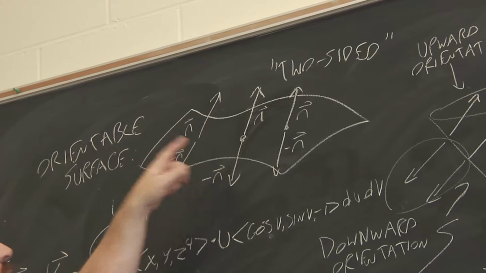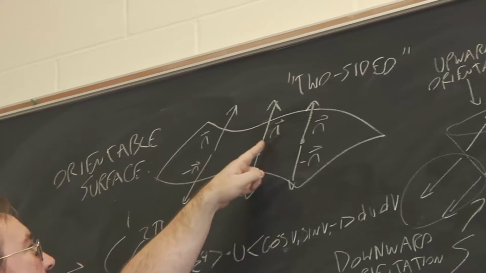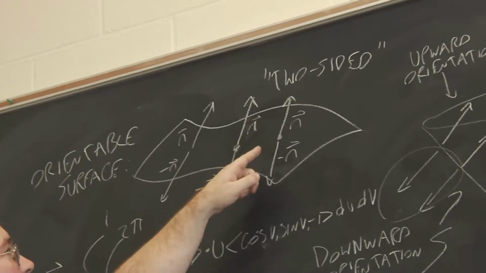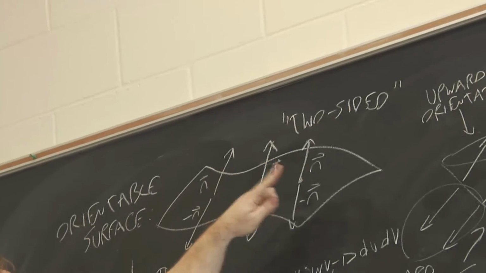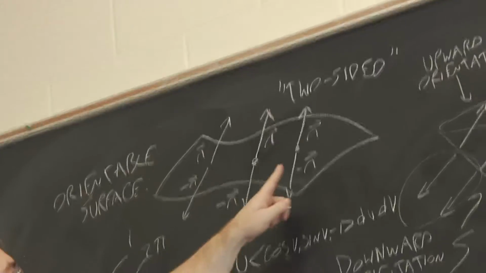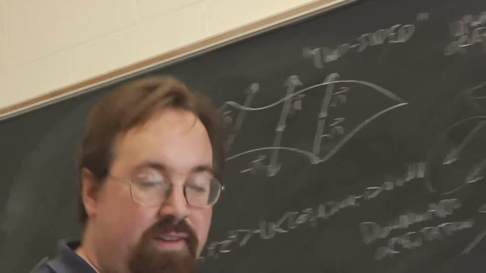But here, we have to commit to one side or the other. So we say we're going to use this normal vector, continuously varying a point and the normal vector, and we get all of these normal vectors on top, or we choose the other side, and we get these normal vectors pointing down.